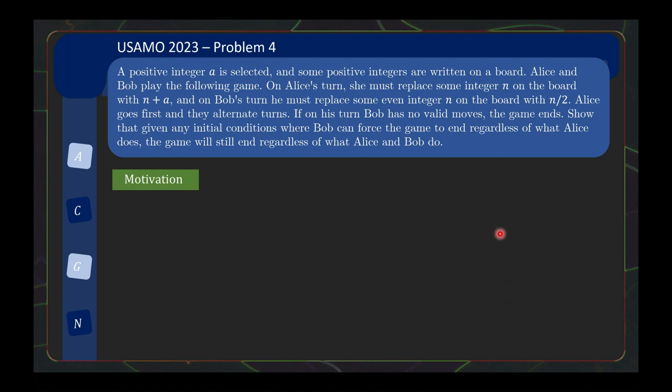Okay, so how might we go about approaching this problem? We should first try to understand the impact of Alice and Bob's moves on the numbers on the board. But actually all we care about is factors of 2. What do I mean? Bob must pick some even integer and replace it by n over 2, and what really matters is how much further Bob can keep dividing by 2.